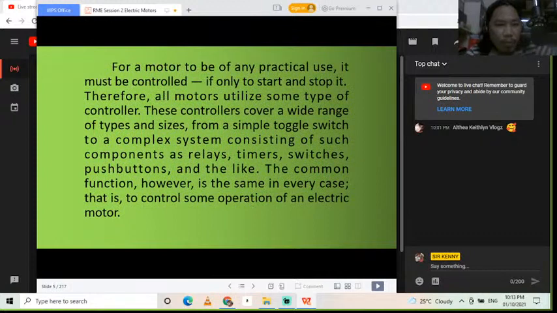For a motor to be of any practical use, it must be controlled, if only to start and stop. Therefore, all motors utilize some type of push buttons and the like. The common function, however, is the same. In every case, that is, to control some operation of an electric motor.